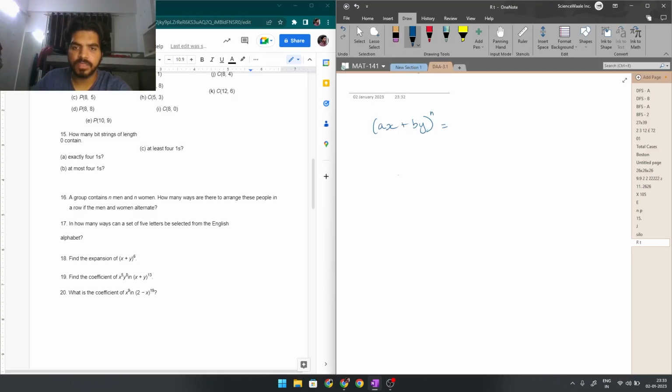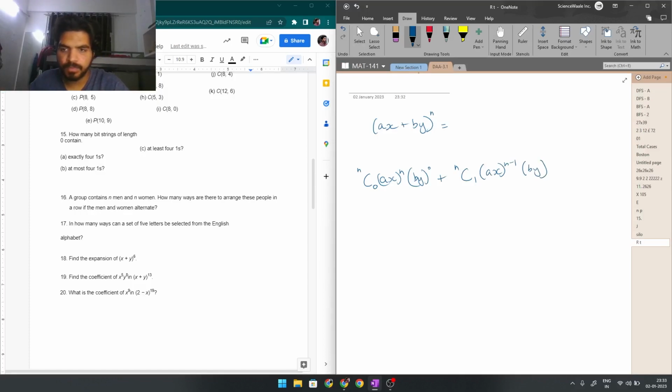So this equation is equal to: first term will be nC0 into ax to the power n and by to the power 0, plus nC1 ax to the power n minus 1 into by.